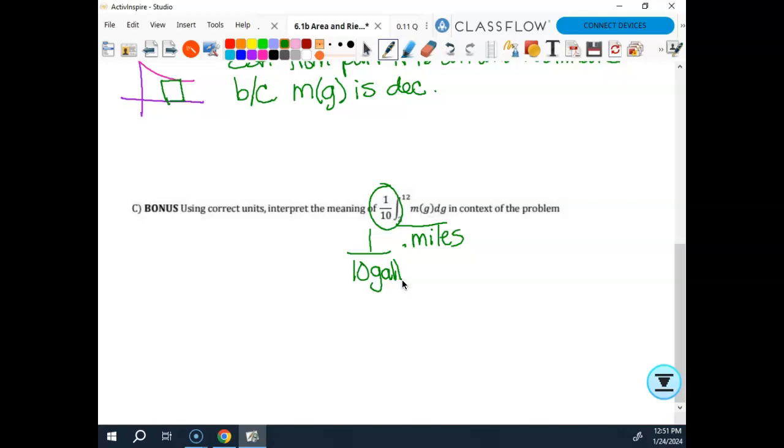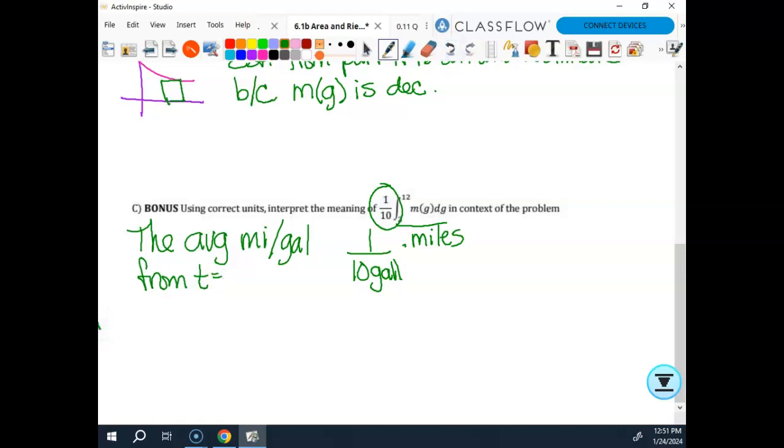So to write that out, what did I write out? Yeah. So we would say this is the average miles per gallon from T equals, no, not T. It's not a time.